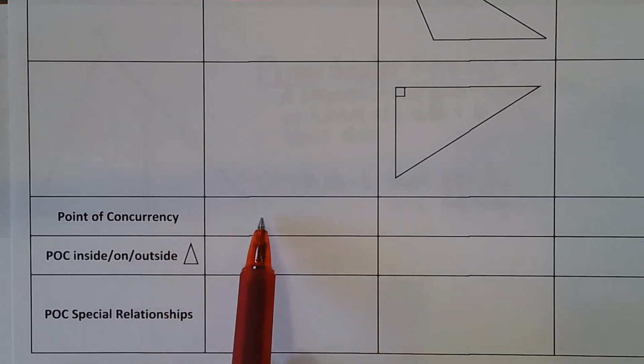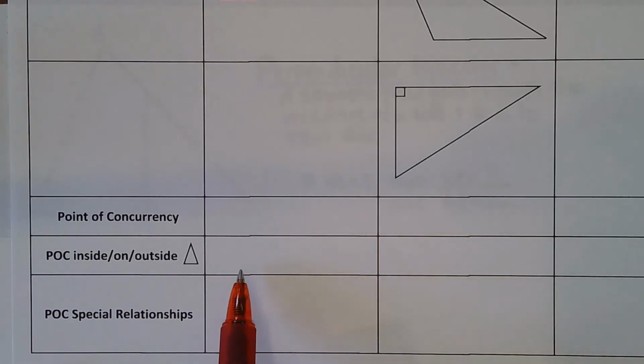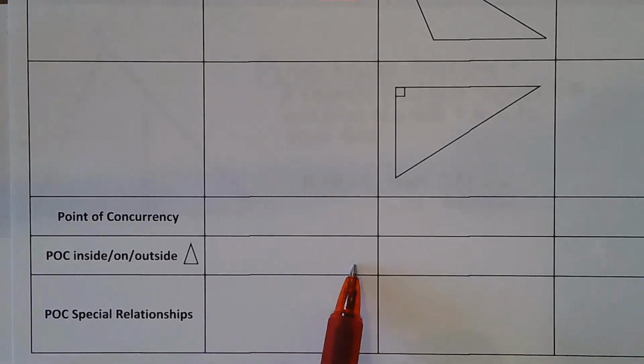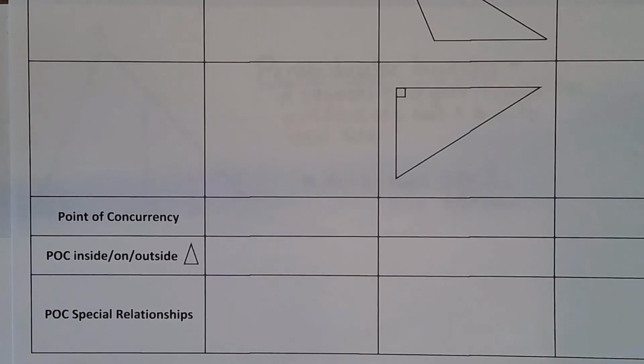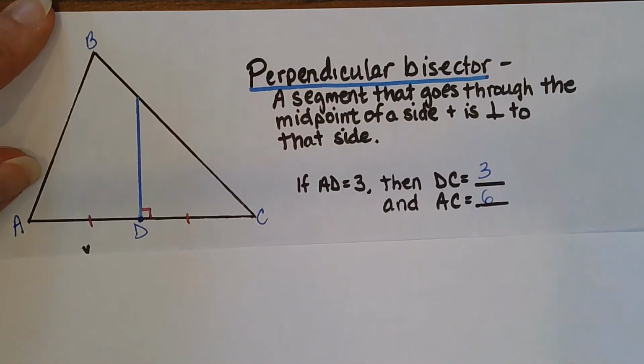It has a special name for perpendicular bisectors. We're going to fill in that special name right here. We're going to look at, is that point of concurrency on the inside, outside, or on the triangle? And then what kind of special relationships are there with that point of concurrency in that triangle? So I'm going to come back to this.